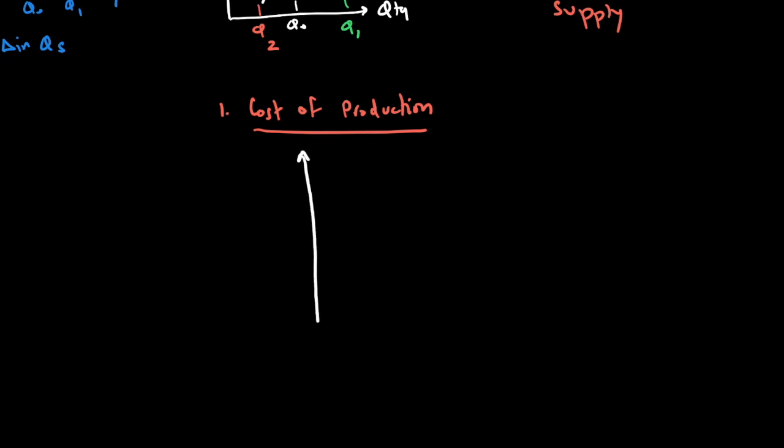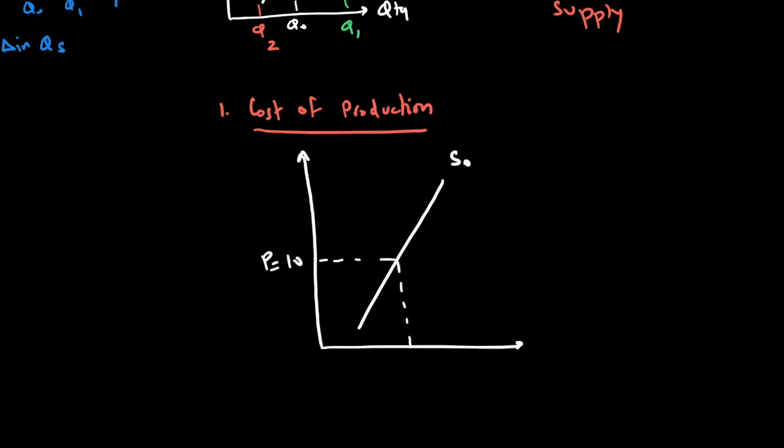Let's say right now this is my supply curve, and currently a firm for a price of $10 is supplying 15 units. Okay, and let's say the cost is rising by $2. So there's a change in cost of $2.